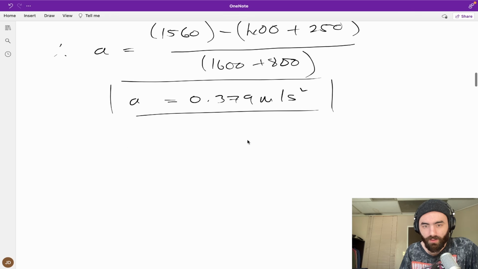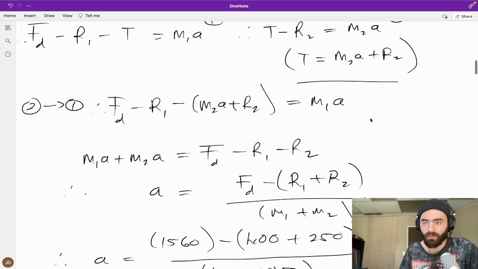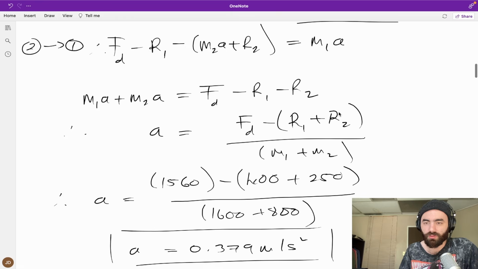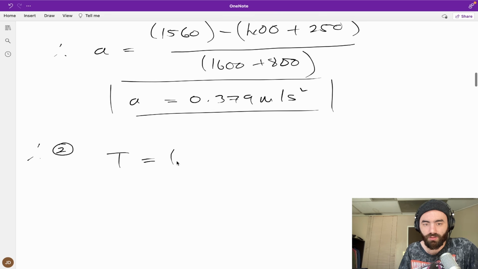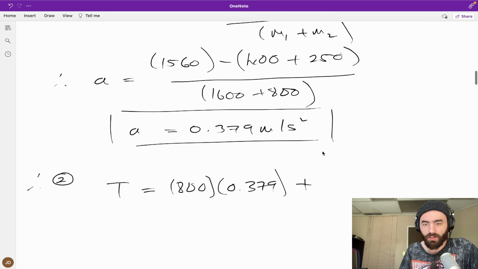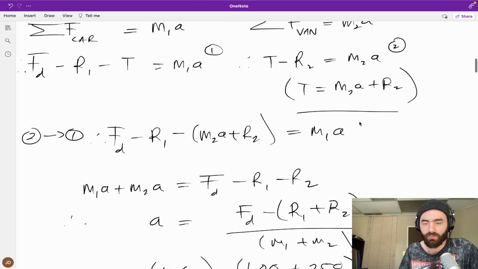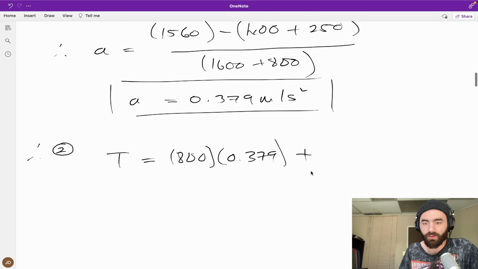Okay, and then therefore the tension, if we substitute it into 2 here, tension will equal mass 2 times the acceleration. The mass 2 was 800 kilograms times the acceleration 0.379 plus R2, which was the resistance on the van, which is 200.